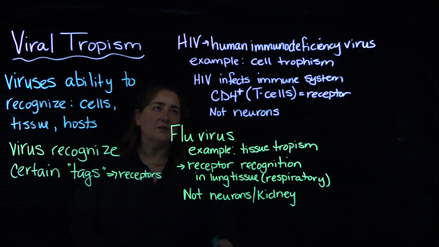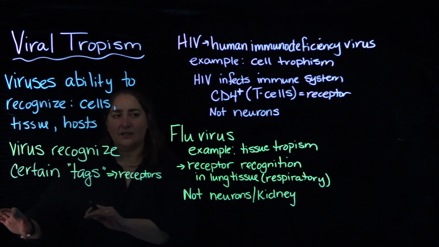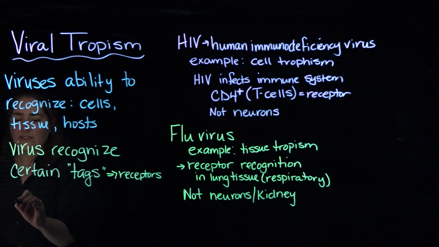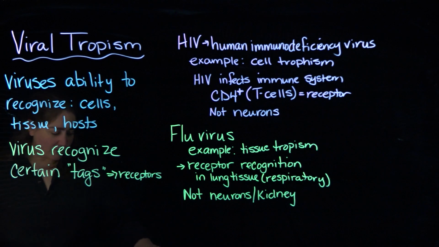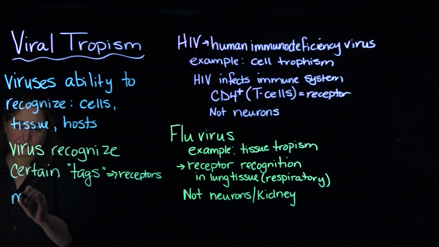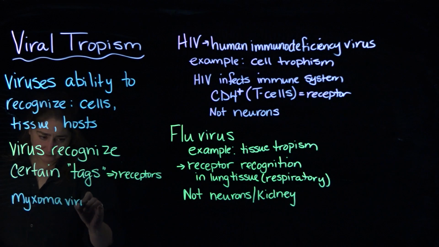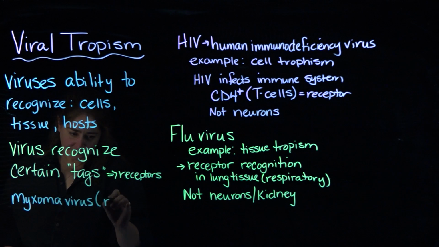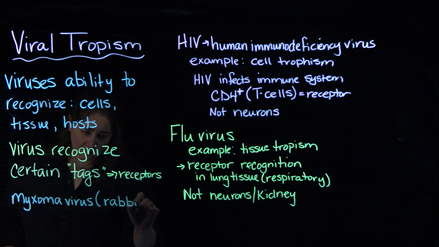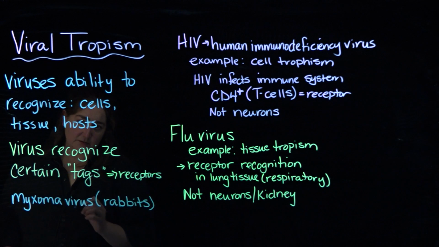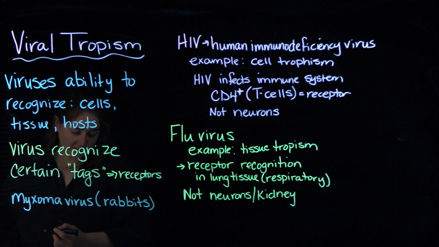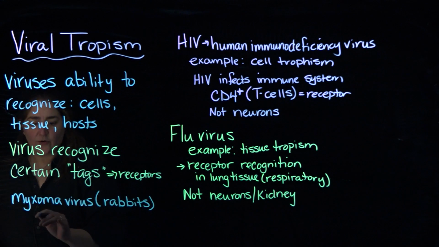The last example is a little bit bigger, and I'm going to kind of go lengthwise this way with this last example. And our virus is, in this case, the myxoma virus. And that myxoma virus is a virus that makes rabbits sick, okay? So it normally would infect rabbits, but it doesn't infect people.